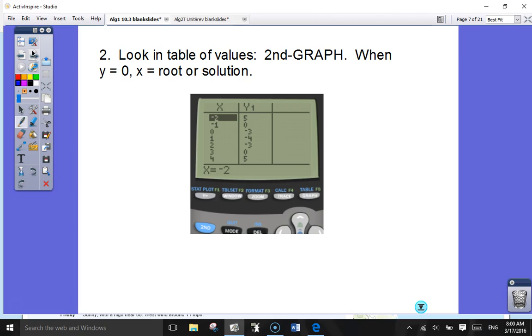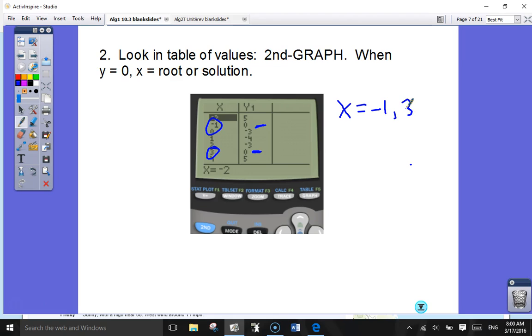Okay, so you might have to scroll up to find the -1, right? But you can see definitely that -1, because y equals 0 here, that the answer is -1. And since y equals 0 here, the answer is 3. So x equals -1 and x equals 3.